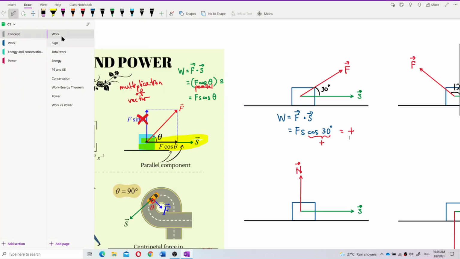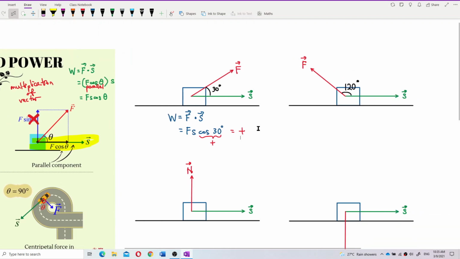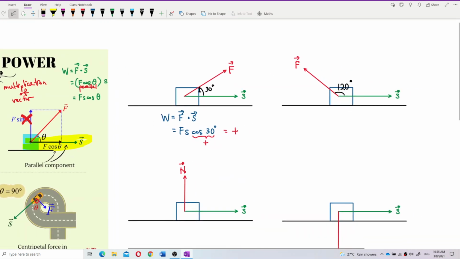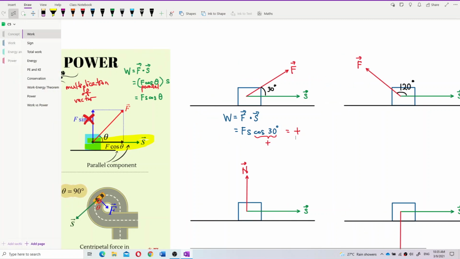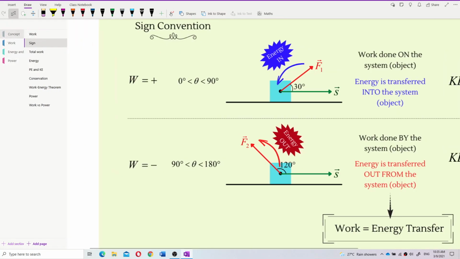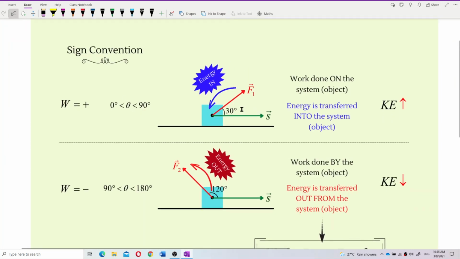Right now, I just want to tell you why the work done is positive. How do you get positive work done? It's all because of the angle, like cosine 30 degree. If theta is a small angle like 30 degree, between 0 and 90 degree, if you use a calculator and calculate cos 30, you surely get a positive value.